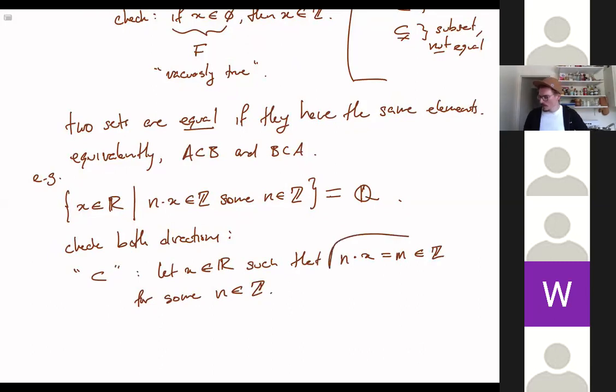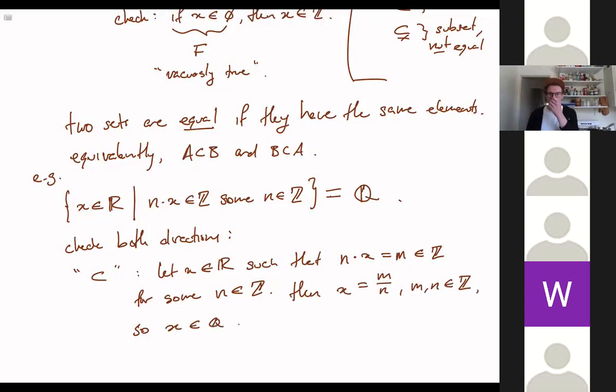So rearranging this just a little bit, we get x equals m over n, where these things are both integers. And that tells us that x is a rational number, right?